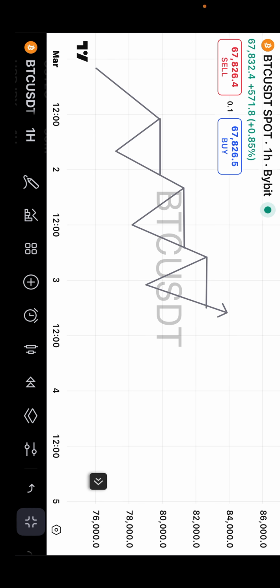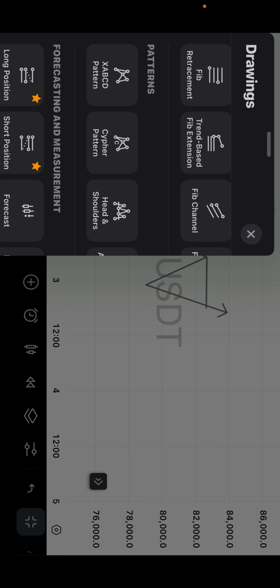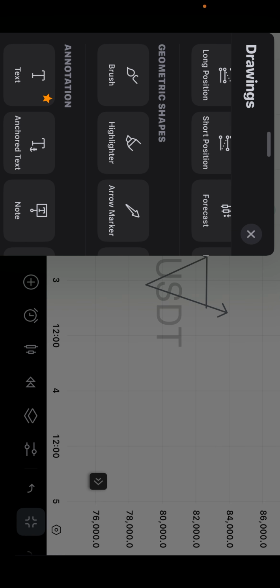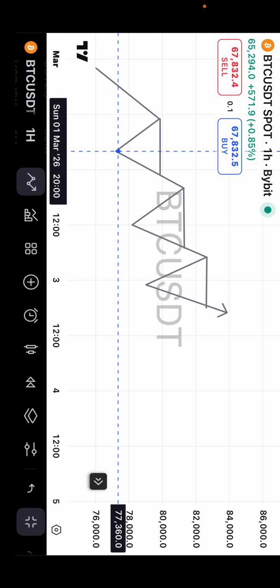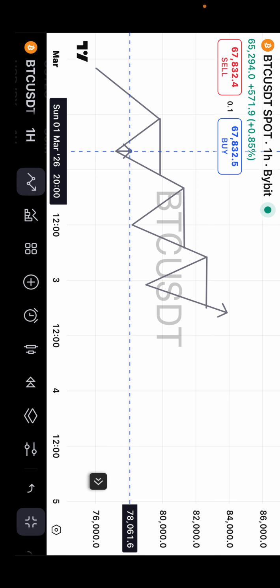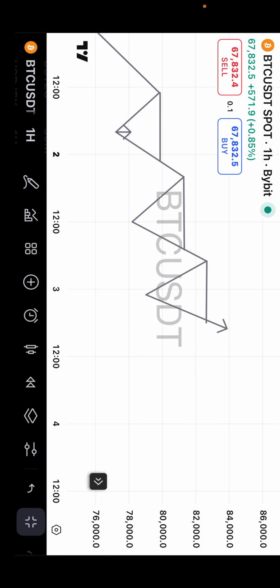Let me show you. Let's say we see an indecision candle that formed like this before the massive buy.